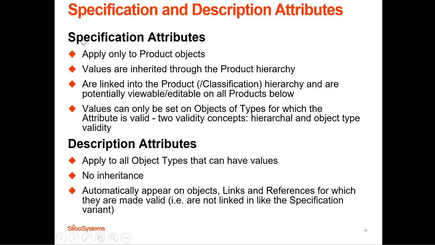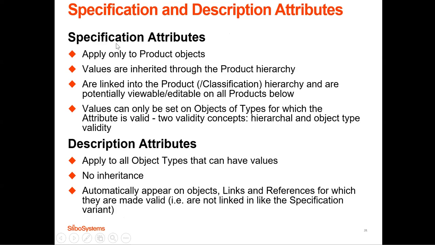And specification attributes support inheritance. So that's why they are mentioned here: values are inherited through the product hierarchy. And here they mention no inheritance. So this is a very important and major difference one should remember.